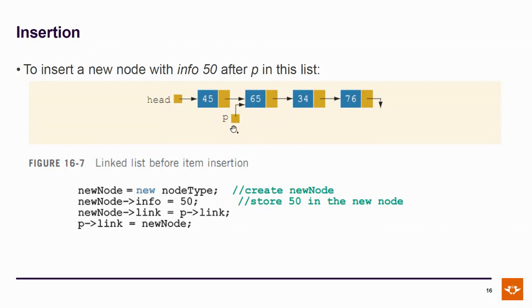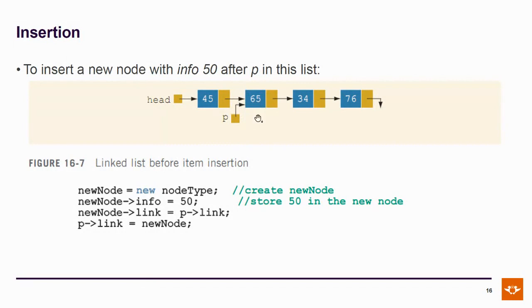So let's just remind ourselves, what's the key operation here? To insert a new node, we basically need to make the predecessor node link to us, and we must link to the previous predecessor's successor. So in this case, 45 is the predecessor, 65 will be our successor. So we need to make the node that contains 45 link to us, and we must link to 65.